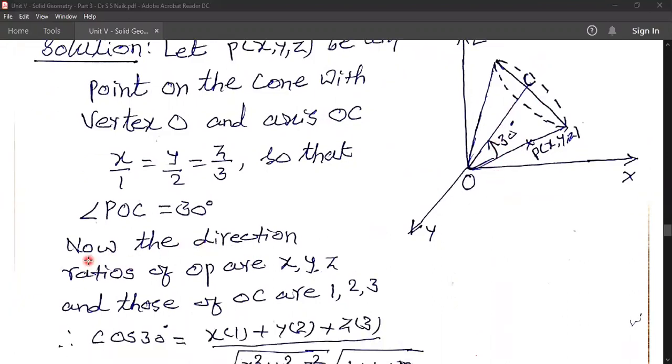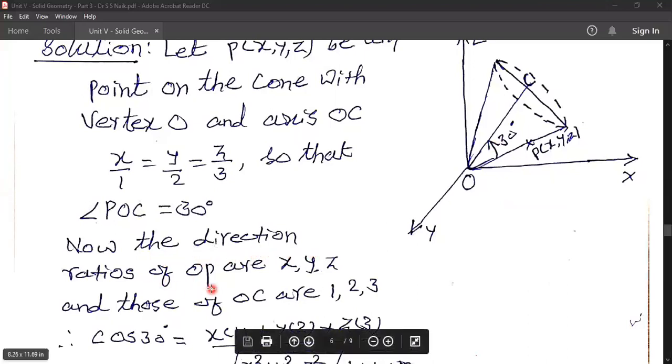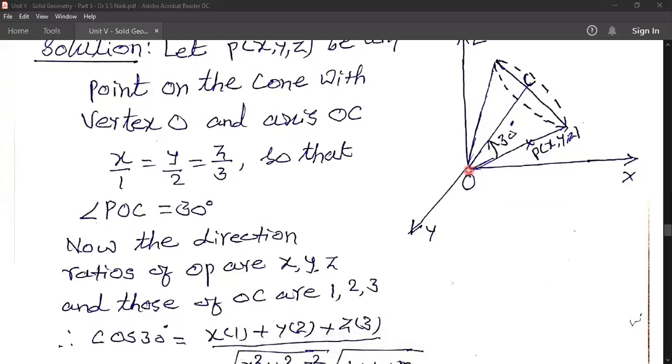Now you want to find the direction ratios. The direction ratios of OP are x, y, z. Now P is (x, y, z), so you get x minus 0, y minus 0, z minus 0, that is equal to x, y, z.